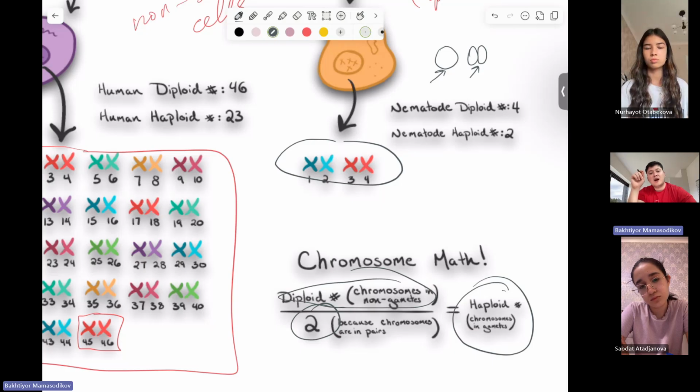So when they combine, 23 pages from the father and 23 pages from the mother, they make a 46-page organism. So the full 46-page book is revealed in the embryo. Okay, understandable? Any questions regarding that?